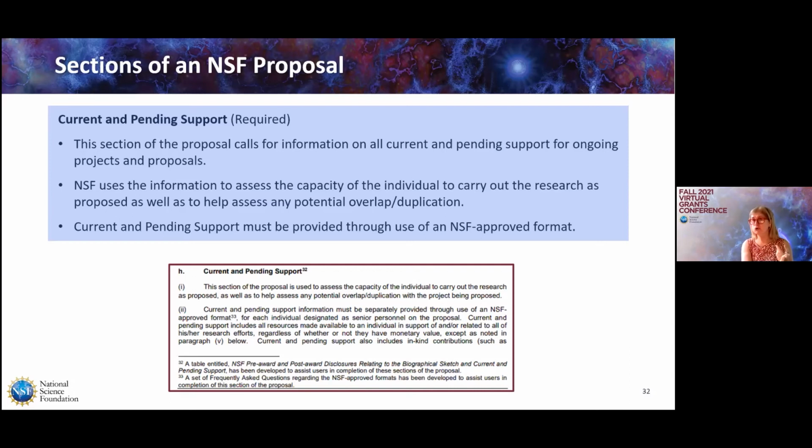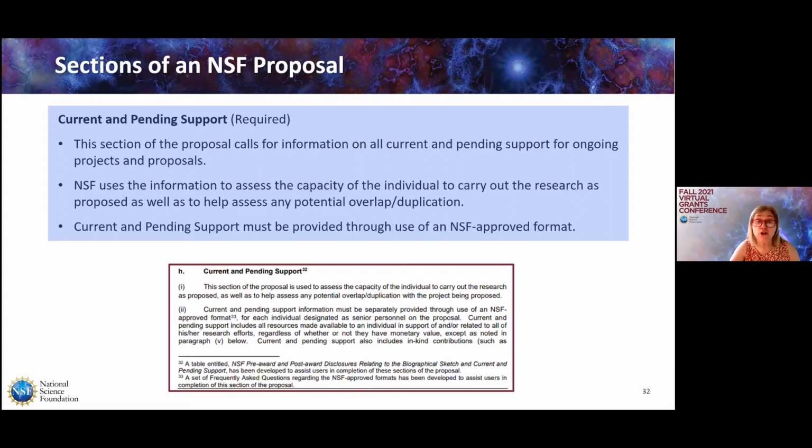Does the individual have the capacity to carry out the project as proposed if it's ultimately funded? And is there any overlap or duplication with what's already funded out there? And this section must be separately provided by all senior personnel.